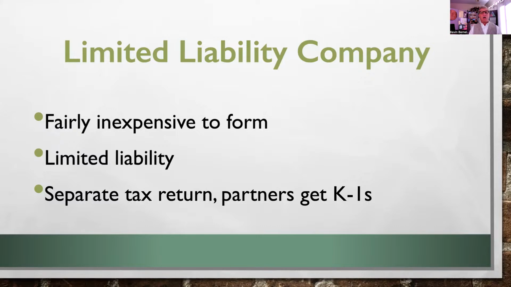So anytime you are a licensed professional and you form an entity, a corporation, an LLC, whatever, you may be considered the person supervising the professional conduct of that business. And if so, you will have personal liability, even though in this case you're the member of a limited liability company.